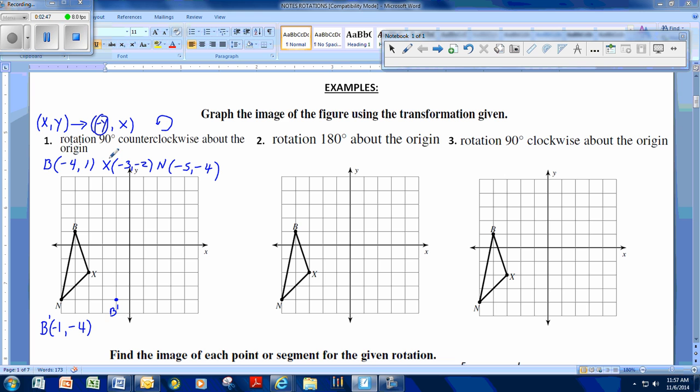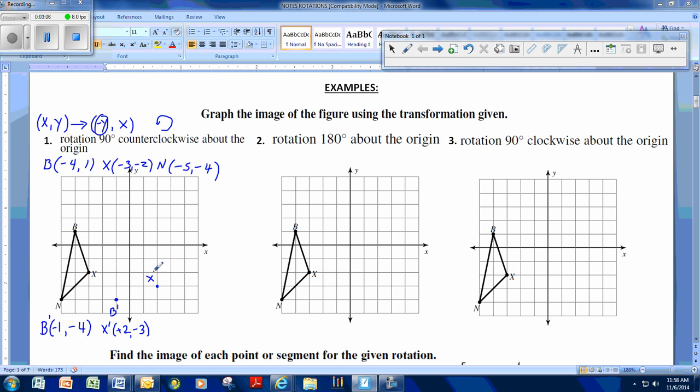I'm going to do that same thing with X. So X prime, again, switch the two numbers. So negative 2, negative 3 would be switched, and then I'm going to change this number to the opposite of what it is, so I'm going to change that to a positive. So it's positive 2, negative 3, which is right here.